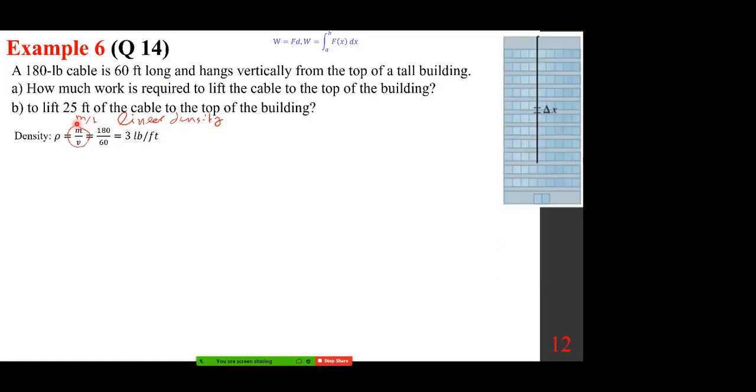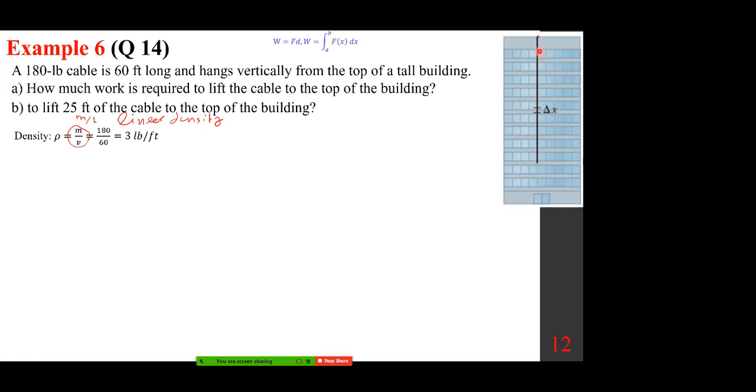And the idea is that an increment of a length, delta x, is being raised up. So I want to explain what's happening here. If you are dealing with a heavy cable and you're pulling up, think about this concept, class. The very top of it, you don't have to really pull up.